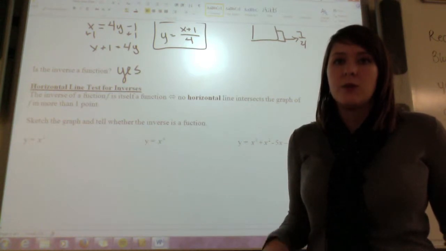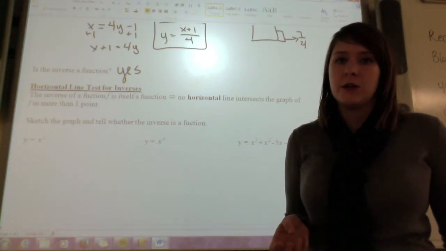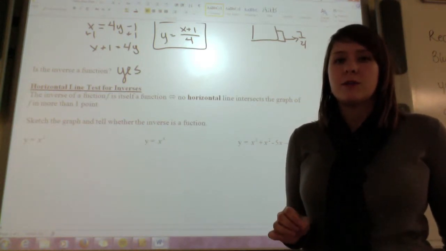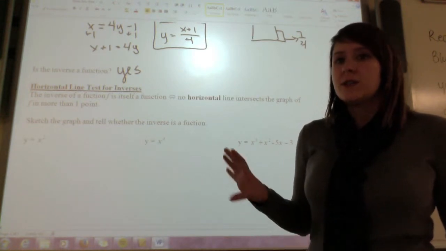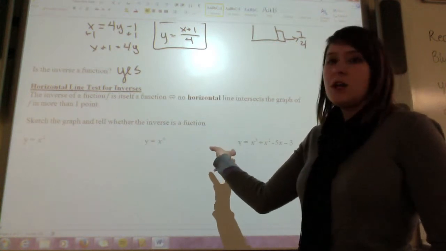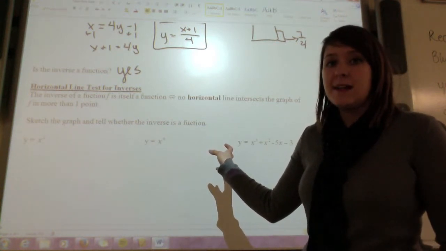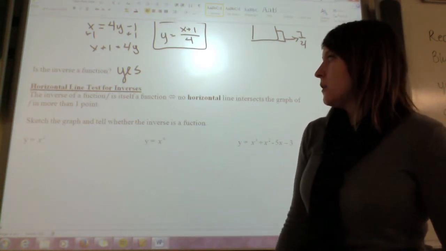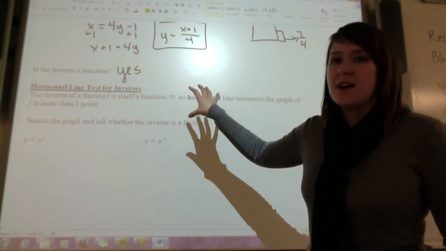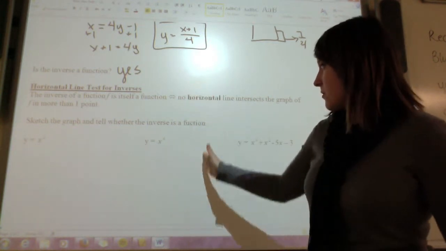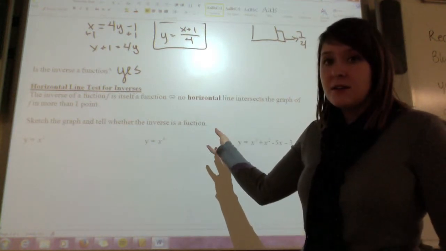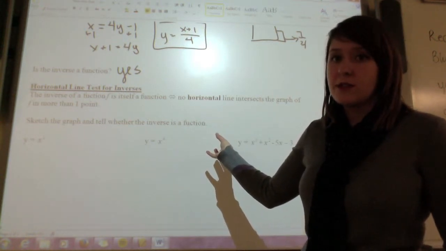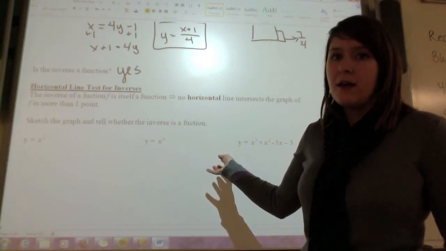So essentially, when you're graphing the inverse of a function, remember that you can reflect it over the line y equals x, and in doing so, what that's doing is it's essentially just rotating that line 90 degrees. So if I wanted to pass the vertical line test, remember a vertical line is straight up and down, if I rotated that 90 degrees by reflecting over y equals x, it would become a horizontal line.